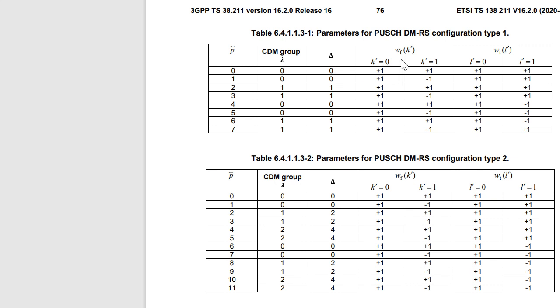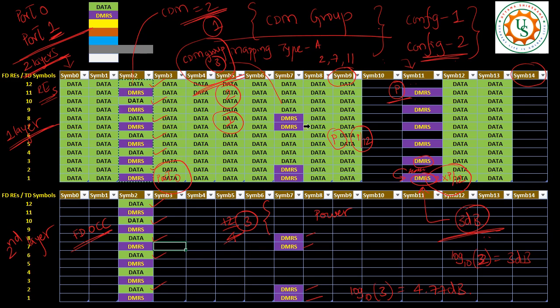Then if you see this WF, which is a frequency domain OCC, this is plus 1 plus 1 and plus 1 minus 1. So this is where you will achieve the orthogonality. I hope this concept is also clear. So the port allocations will actually differ if you're using CDM group 1 and CDM group 2.